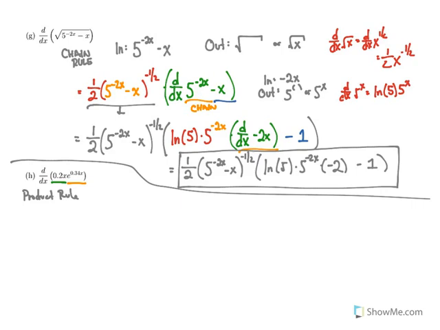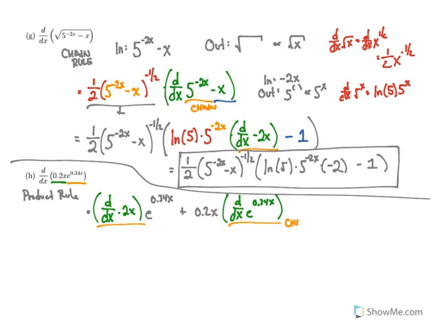So the product rule states that we should do the derivative of the first, the derivative of 0.2x, times the second, plus the first, times the derivative of the second, and we can see that in the second derivative here, we need to do the chain rule.